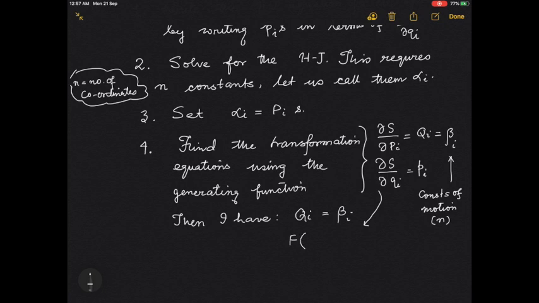Del S del qi will be some function of, this is coming from here, S is a function of qi, and these alphas, because I have set capital P's to alpha, and this is this. Okay.